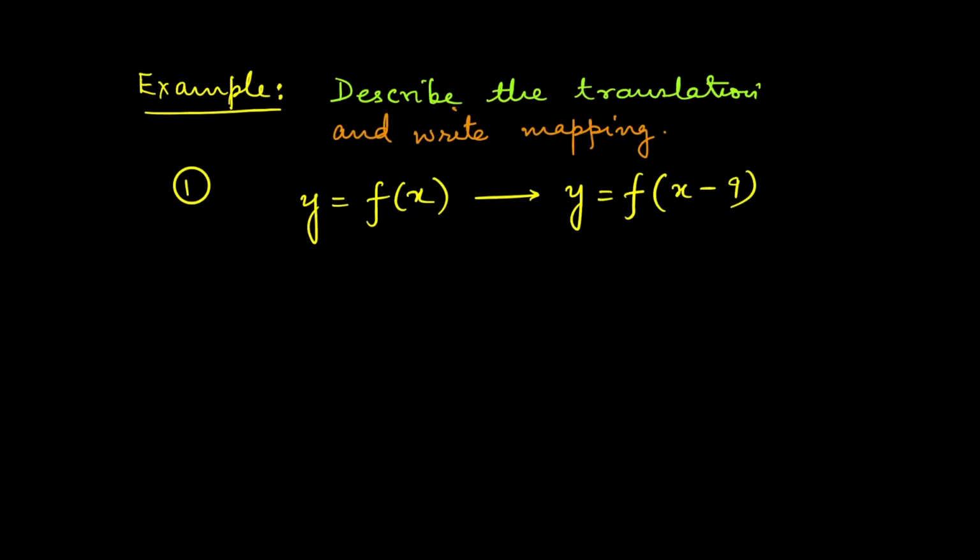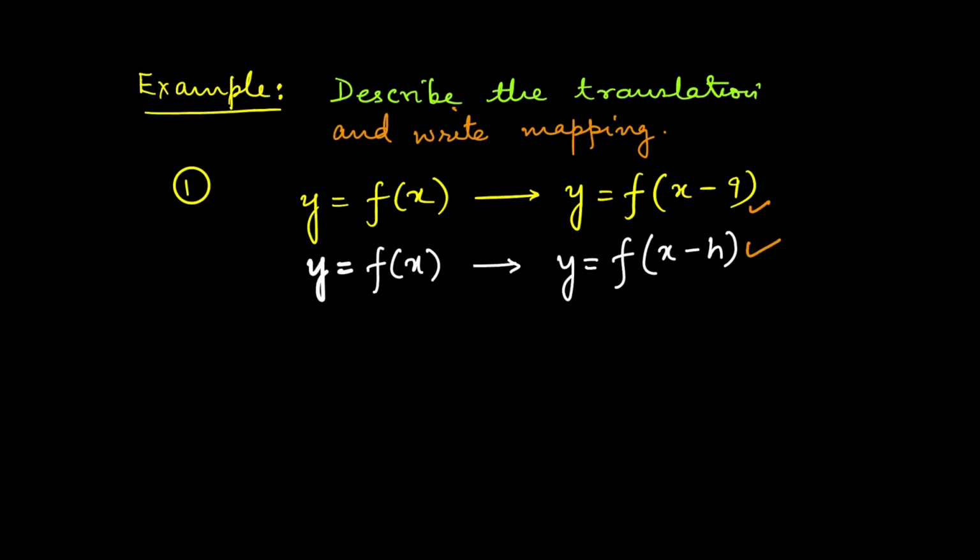Now coming to the example, it says describe the translation and write the mapping. We take the example y is equal to f(x) transformed to y is equal to f(x minus 9). It's always good to first write the formula: y is equal to f(x) is transformed to y is equal to f(x minus h). If you compare these two, the h value is always the opposite sign.